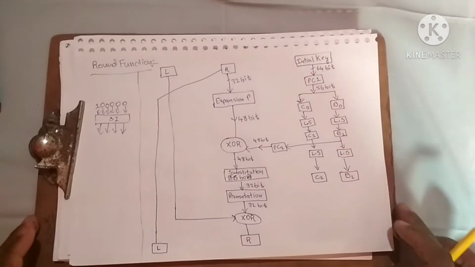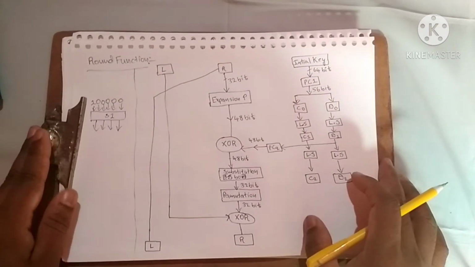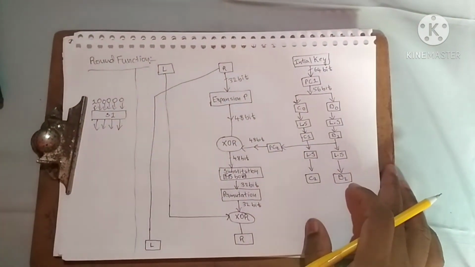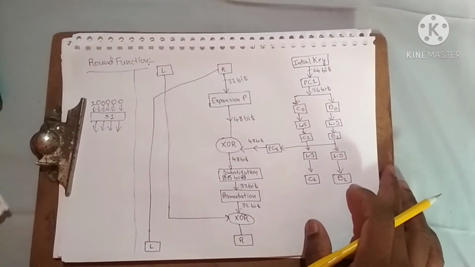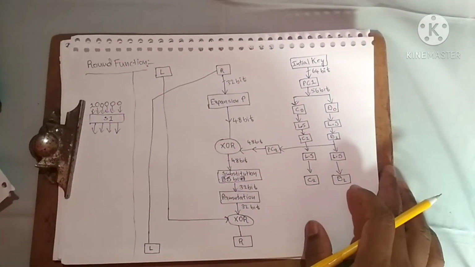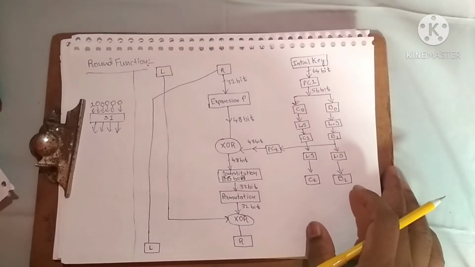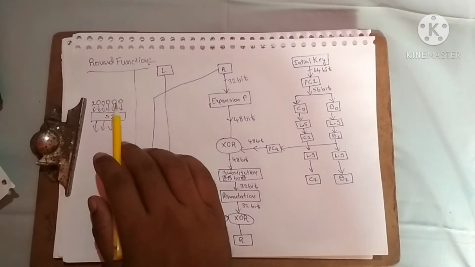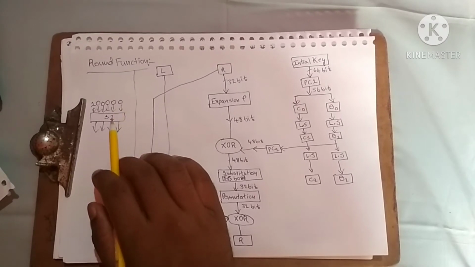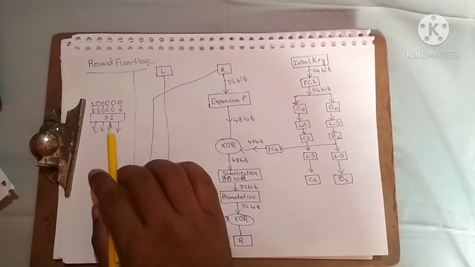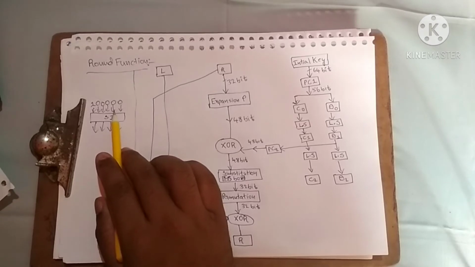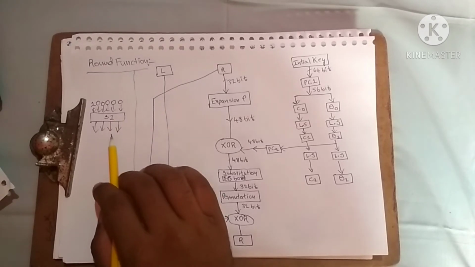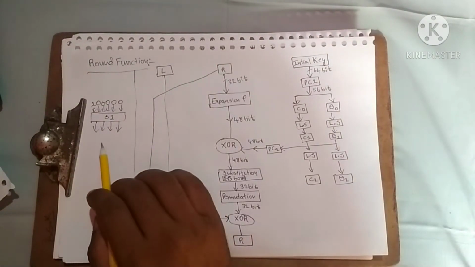The output is 4 bits. Input is 6 bits, the output is 4 bits. Here we have to choose two things. This is only a 6 bit length input, and the output is 4 bits in length.